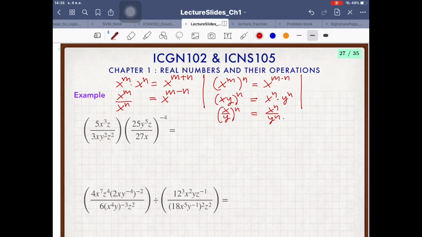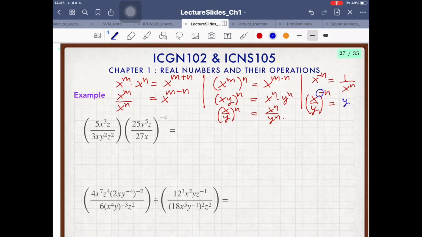Here there are some other rules. If you have x to the power minus n, you can put it to be the reciprocal. Or if you have x over y, and then you put the power minus n outside, the minus sign means that you need to do the flipping upside down.